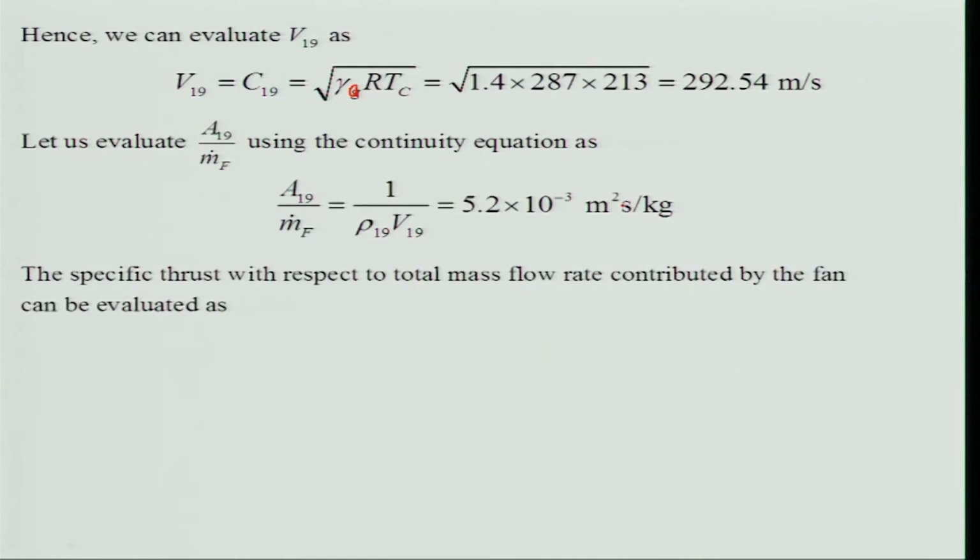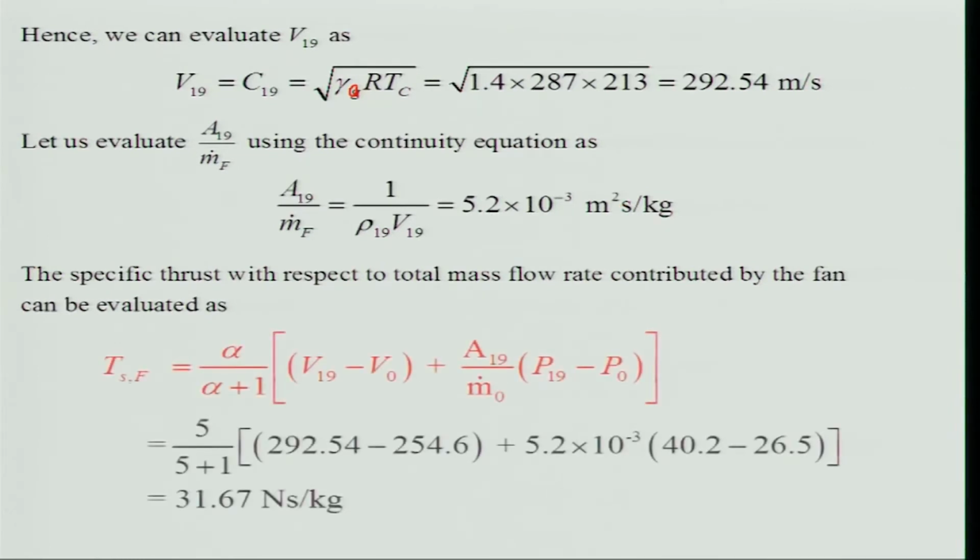The specific thrust with respect to the total mass flow rate contributed by the fan can be evaluated, because we know that TSF is alpha divided by alpha plus 1, where alpha is your bypass ratio, which is equal to 5 in this case.